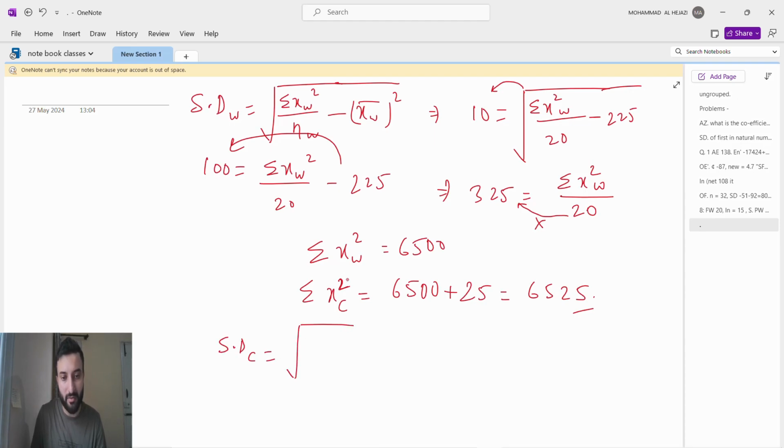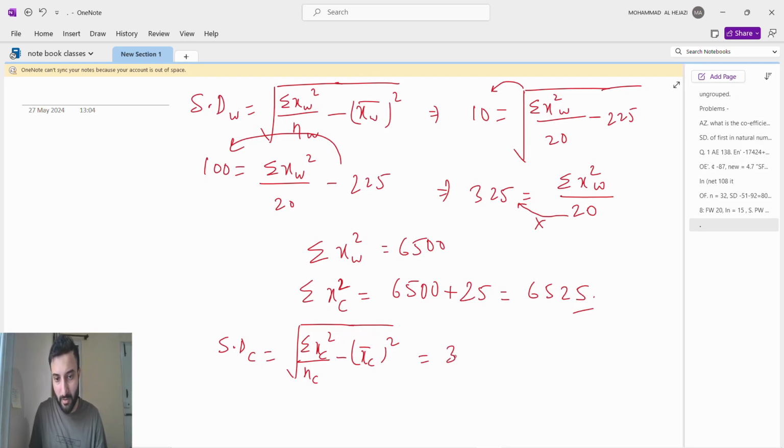Correct standard deviation is the square root of summation of x correct by n correct minus x bar correct square. So summation of x is 6525 divided by correct n, which is 21.